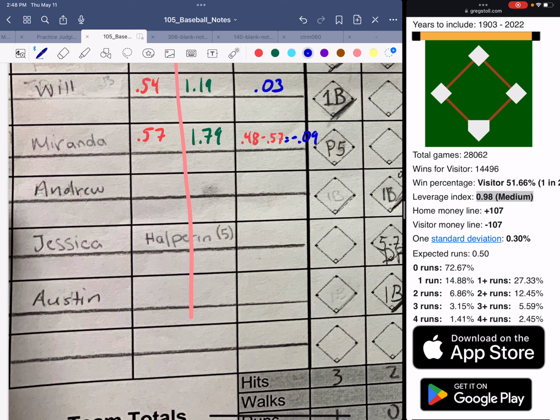Actually, sorry, let's be a little bit careful here. I messed that one up. The visitors' win percentage dropped to 52 afterwards, so actually hers is going to be 0.57 minus 0.52, which is negative 0.05.